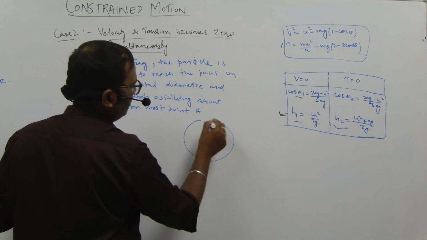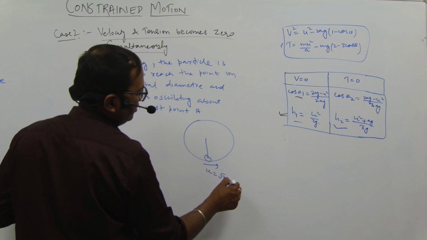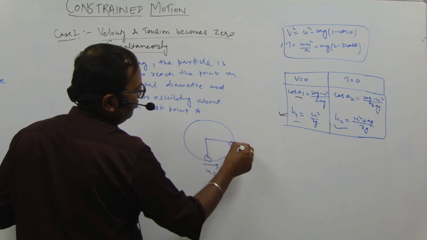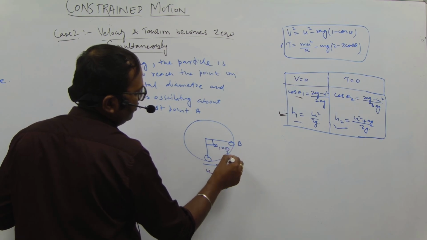So in this particular case, if the initial velocity u is root under 2ag, it will be able to reach the point on the horizontal diameter. So this theta 1 is equal to pi by 2.